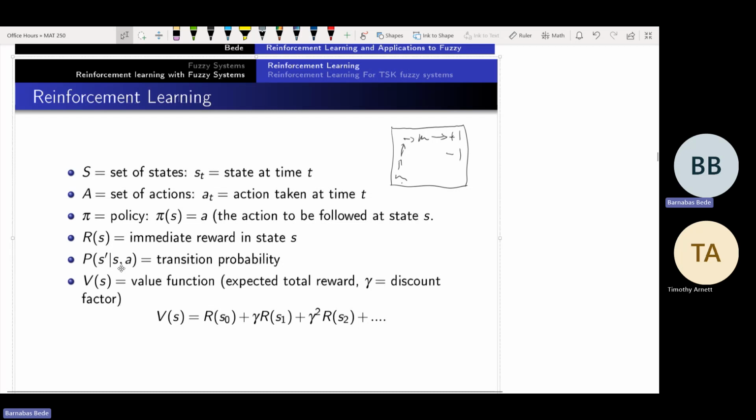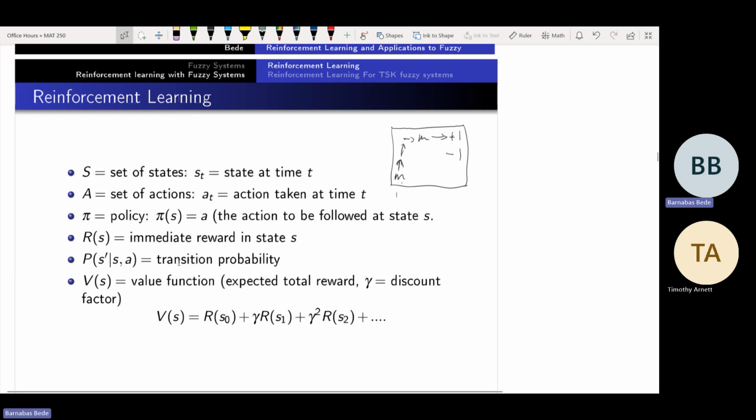P of S prime given S, A. So we are in state S, we take action A, and we end up in state S prime. That's not always straightforward. For example, this mouse is not good at listening. So we tell him to go up, but with a certain probability, this mouse may just go left or right or down.